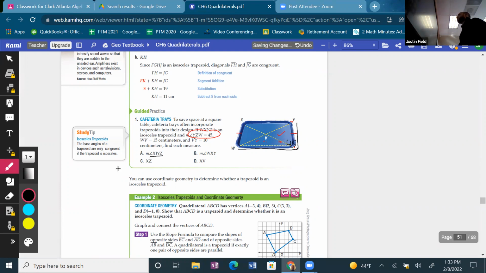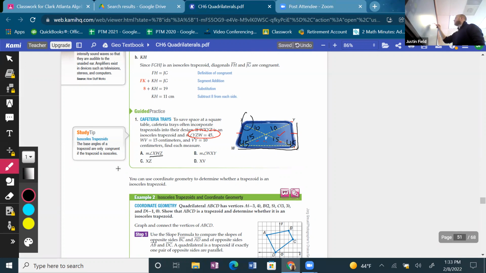Okay, WV is 15. VY is 10. So then this is 10, this is 15. And also XWZ is on the other side. That's also going to be 45. WXY.